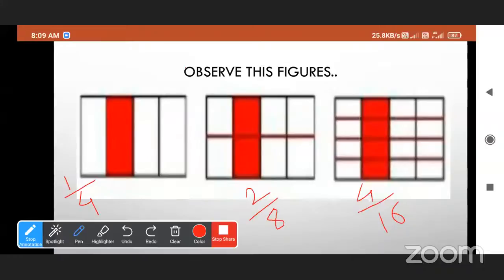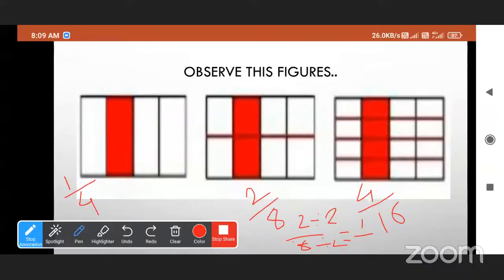If we divide 2 and 8 by 2, 2 divided by 2 is 1, because 2 ones are 2, and 8 divided by 2, then what do we get? 2 fours are 8.